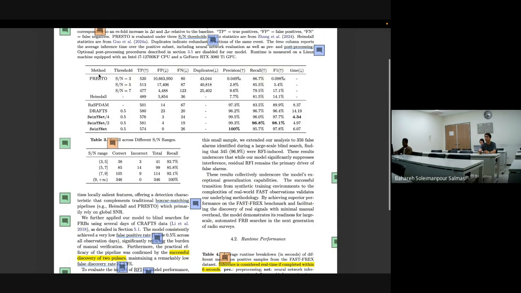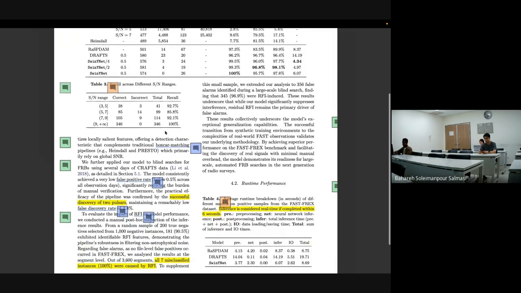This is a method that I previously used, which did not have good recall or F1 score. But if we use this method, we can achieve 100% precision and like 95% recall, and the false positive rate is 0.